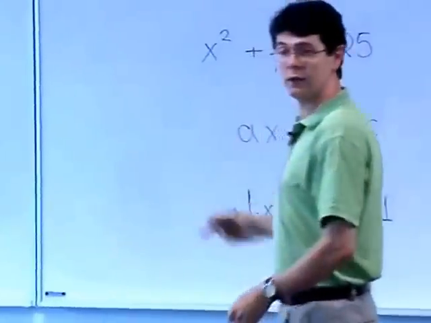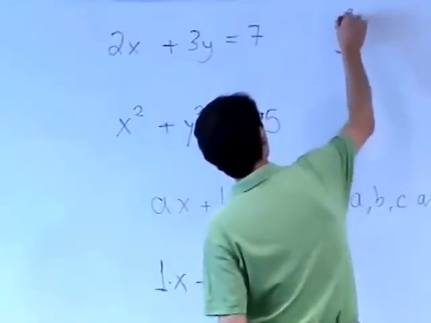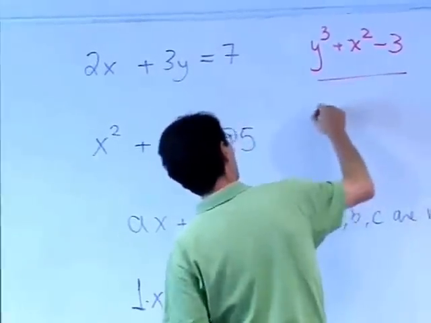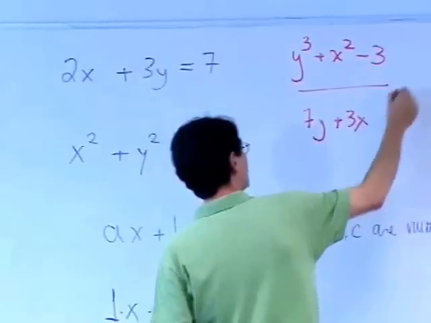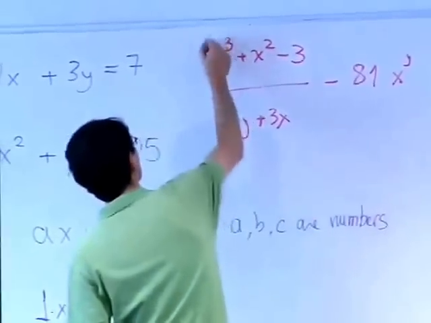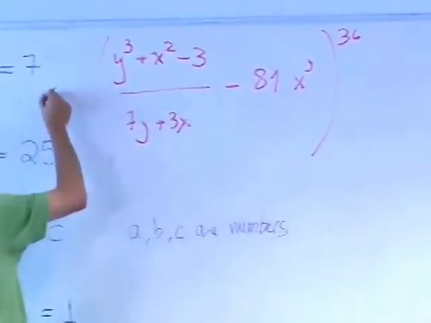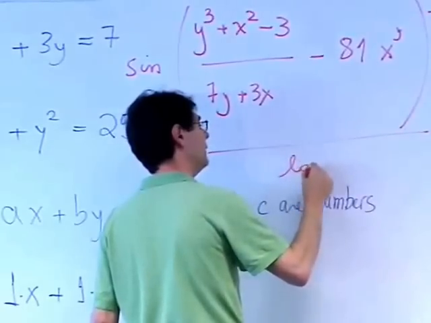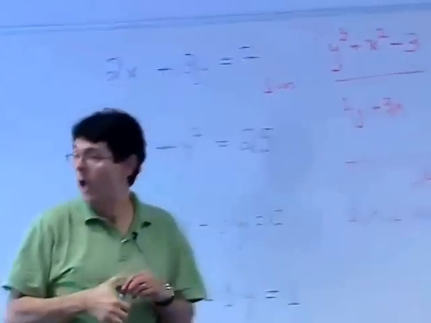You can write any equation you want. Y cubed plus x squared minus 3 divided by 7y plus 3x minus 81x to the power y to the power 36 sine divided by the log of y divided by x. Yeah, okay.